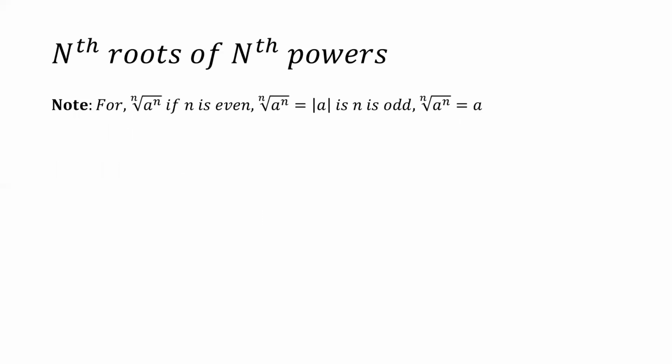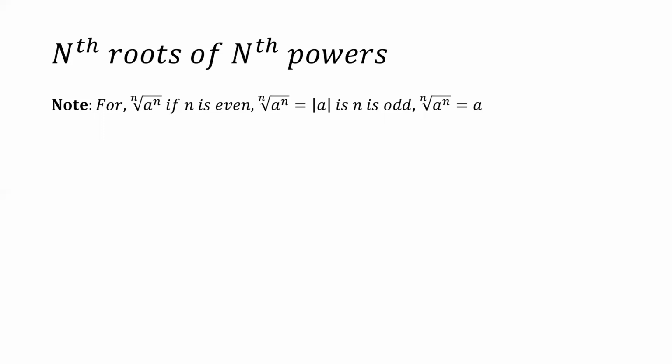Now moving into a unique situation, if I have an nth root and I'm taking something inside to the nth power, then in that case I don't really worry about no real solutions or real solutions. I'm going to get those. If n is an even number, so what that would look like is the 4th root of 3 to the 4th, then the result is going to just be the absolute value of the thing.